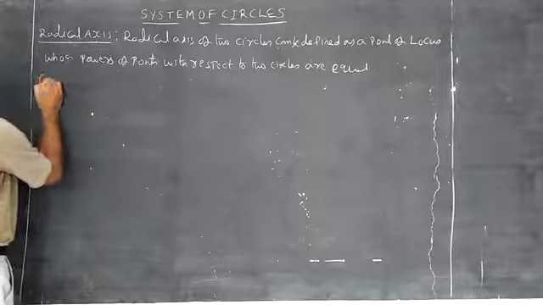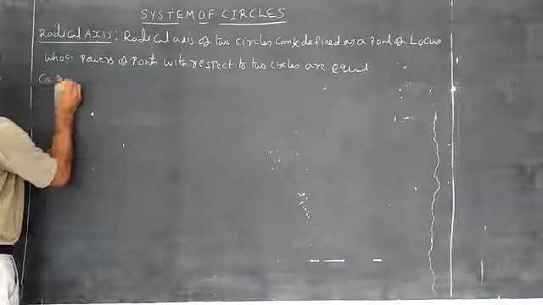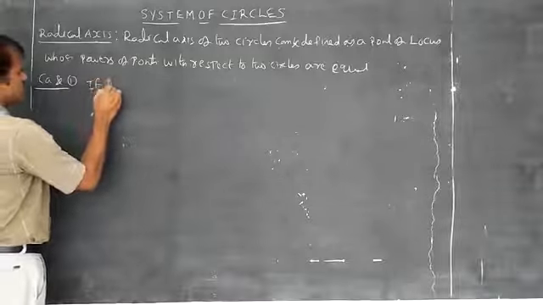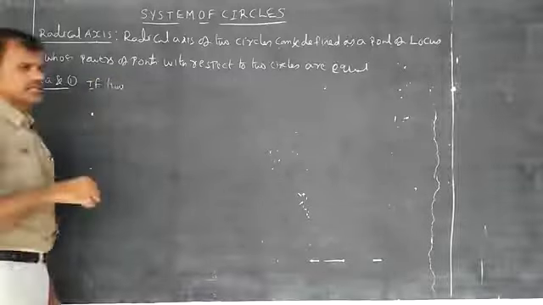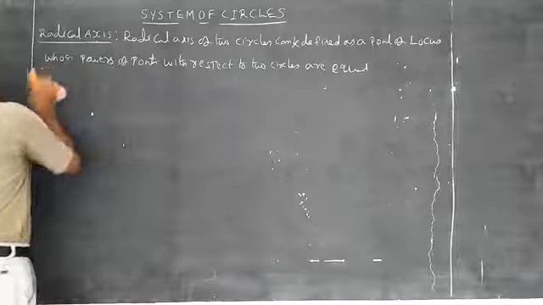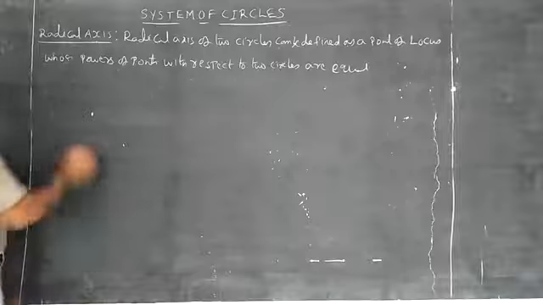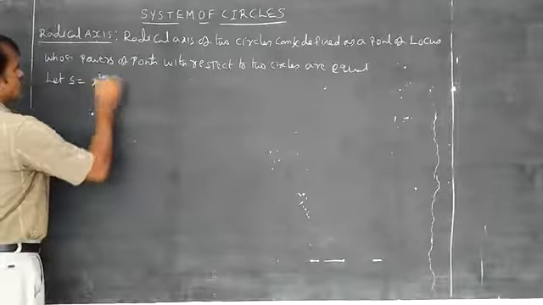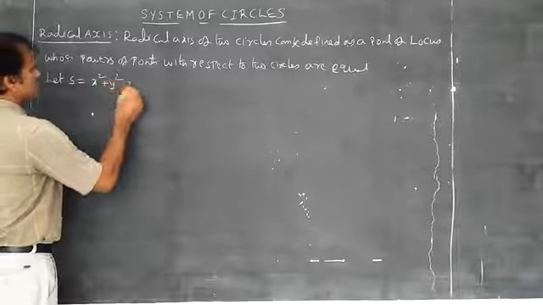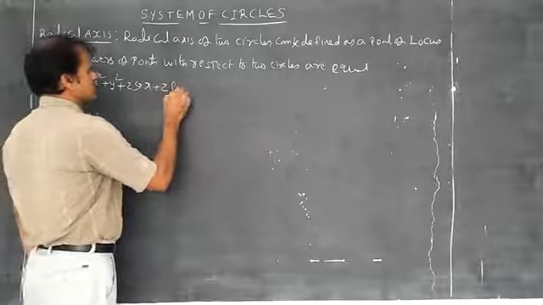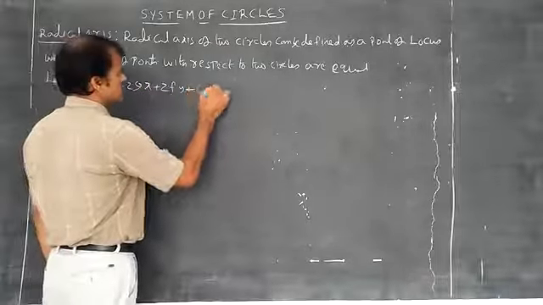Later we can discuss case 1, case 2, case 3. Let S equal to 0 be the circle x square plus y square plus 2gx plus 2fy plus c equal to 0.